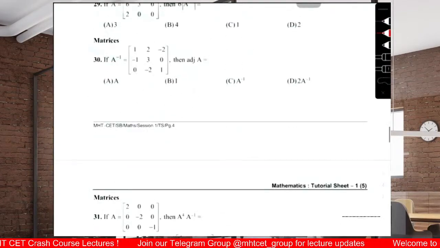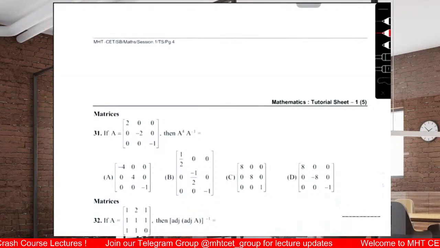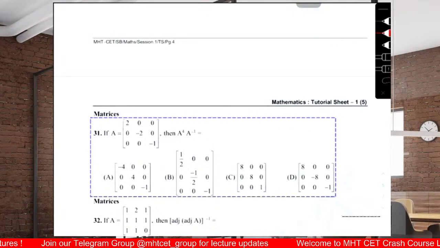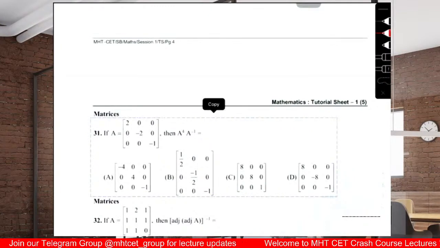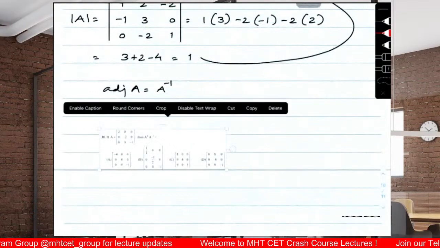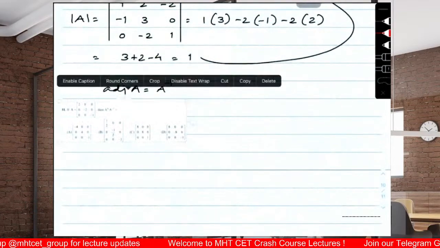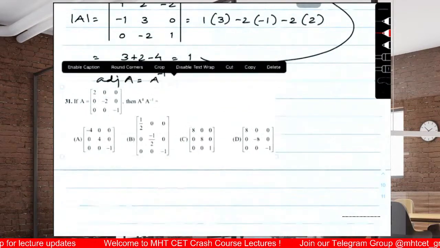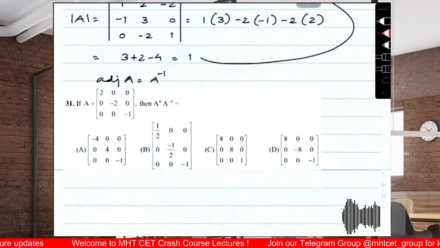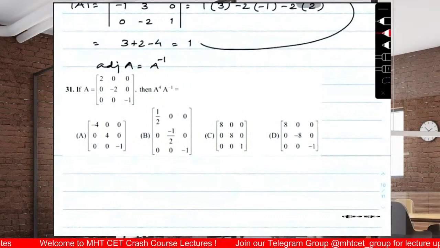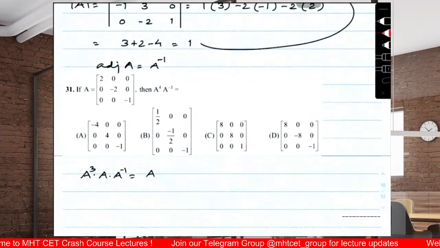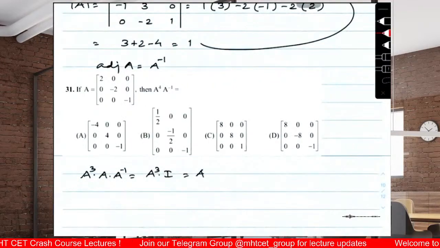31. In 31, A is given, then A raised to 4 into A inverse, so I can write this as A cube into A inverse, that is A cube into I, that is A cube.